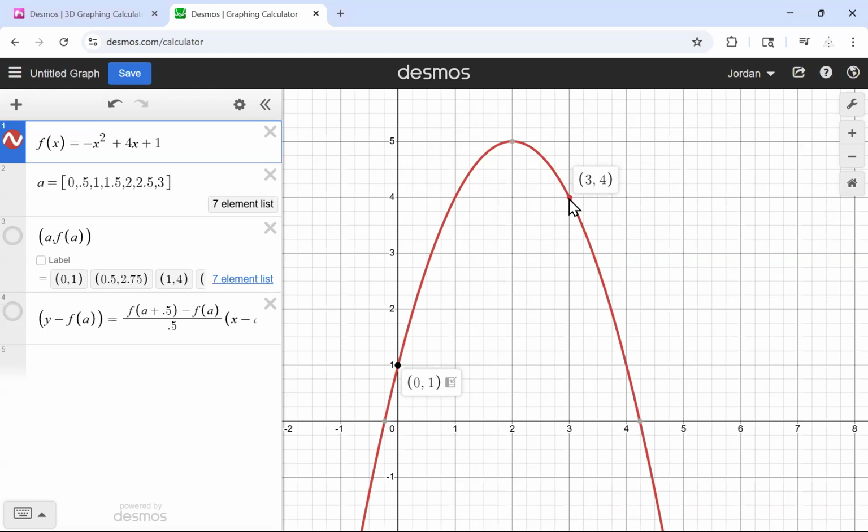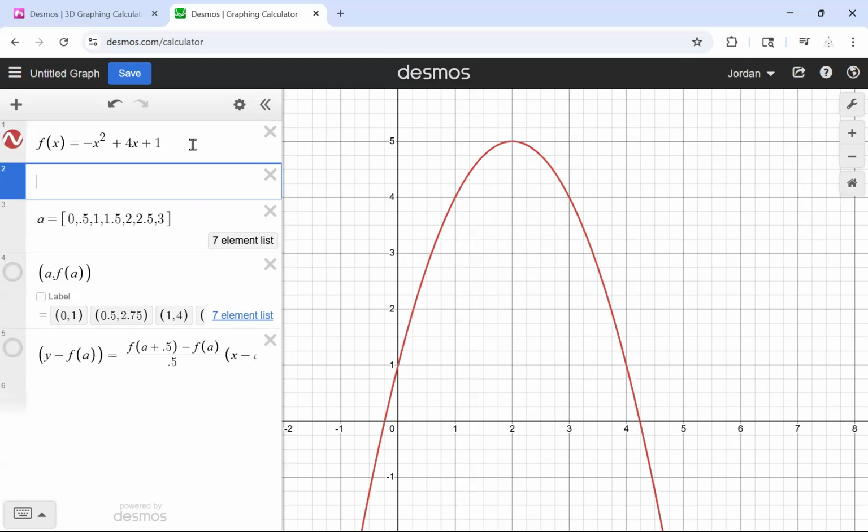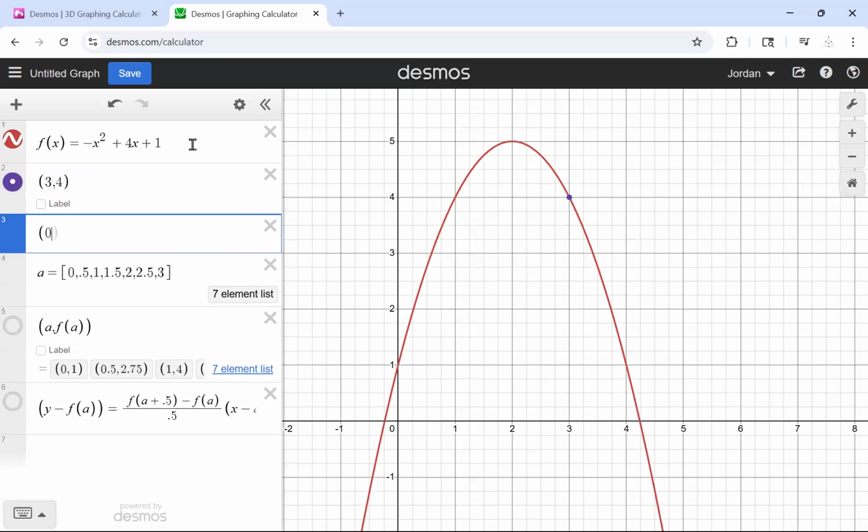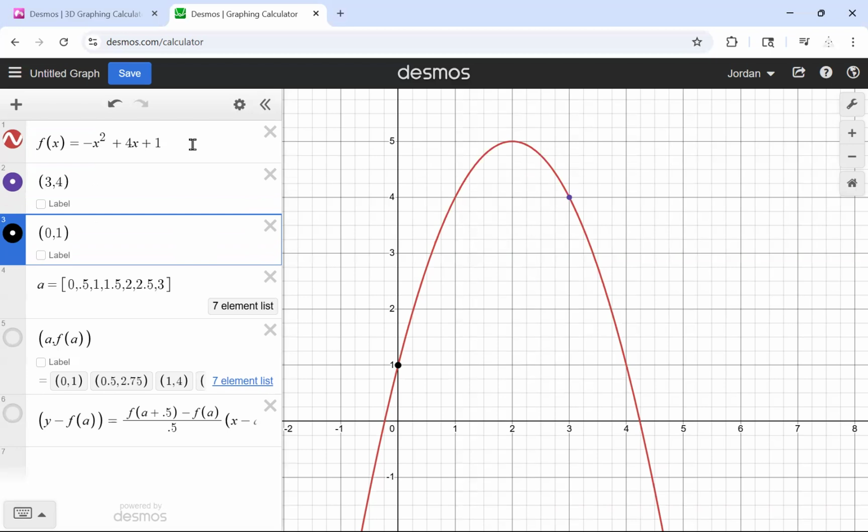That's the same as asking: if I laid out a string on top of this curve, and that string started at the point (0, 1) and ended at the point (3, 4), how long would the string be if I stretched it out and measured it? So that's what we're saying about arc length.